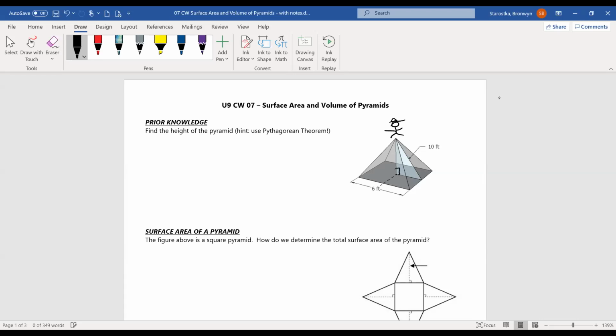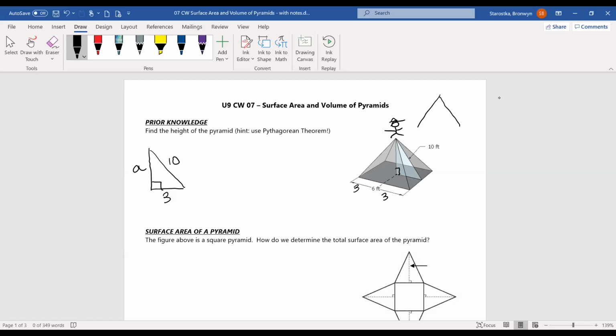Well, clearly we want half of that. So if we were to redraw the triangle that Juan is standing atop of, our base of that triangle is 3, and this 10 is our hypotenuse, and we are looking for our altitude. So this 10, I'm going to draw a triangle over here.